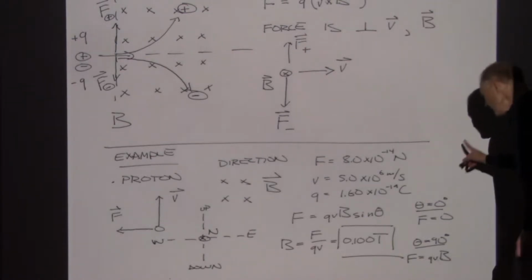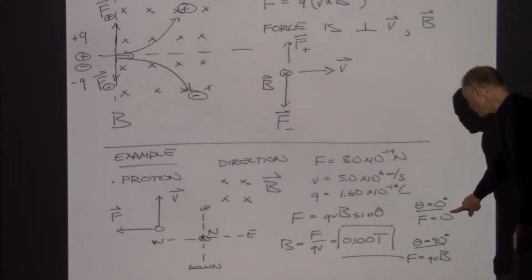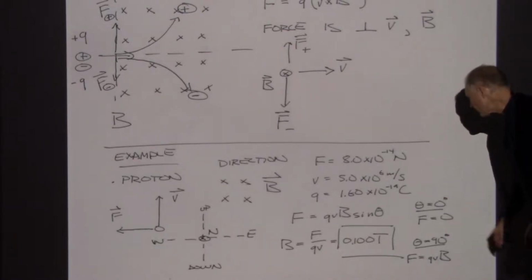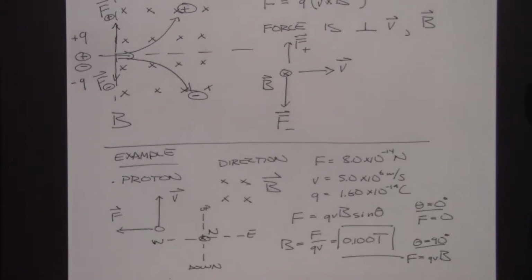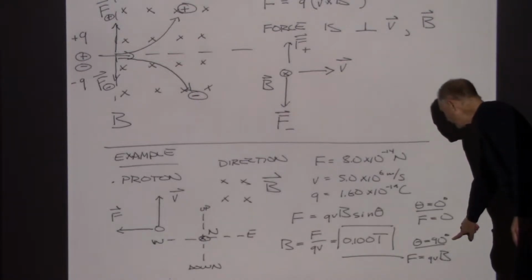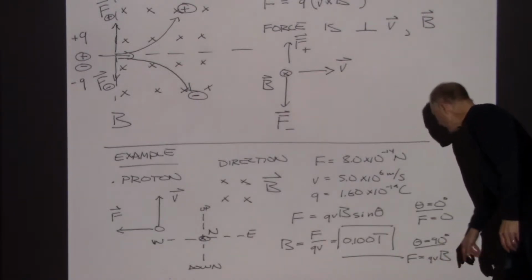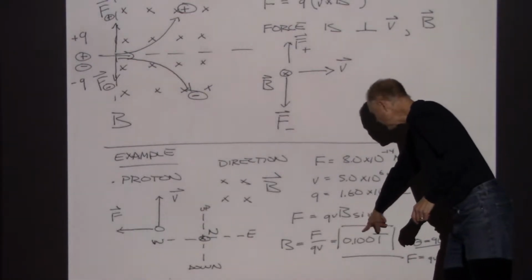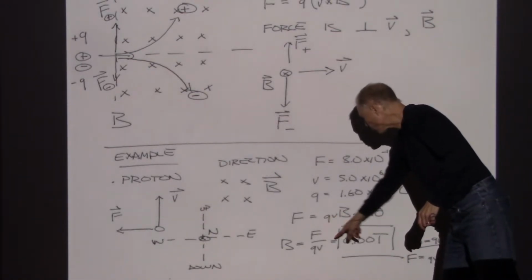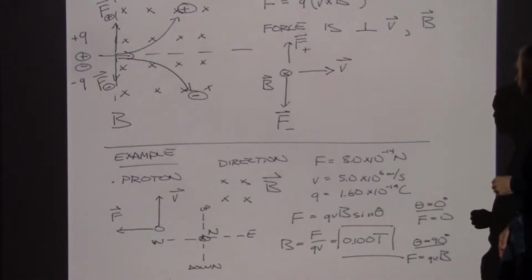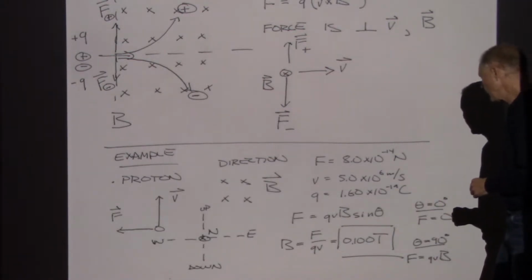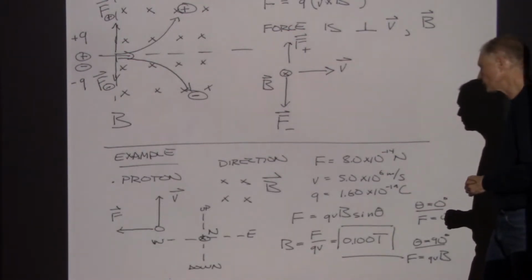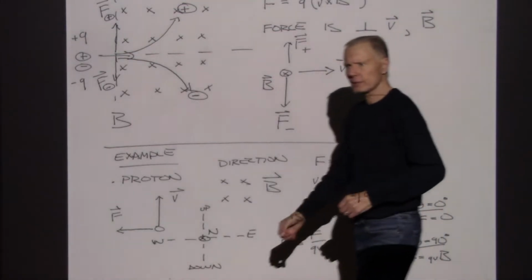If theta is equal to 0, the force would be 0. But what we have set up is theta equal to 90. So this is the largest force we could get when the velocity and the magnetic field are oriented at 90 degrees. And so solving our formula, B is equal to F over QV, the sine theta factor dropped out, and this becomes a magnetic field of 0.100 Tesla.